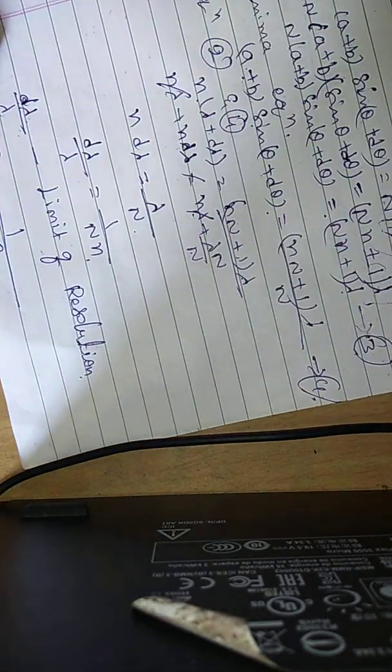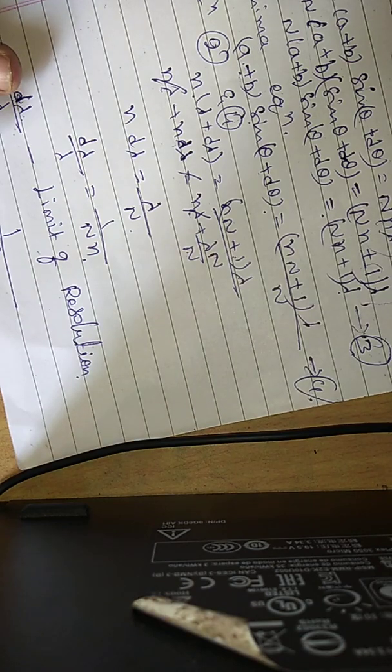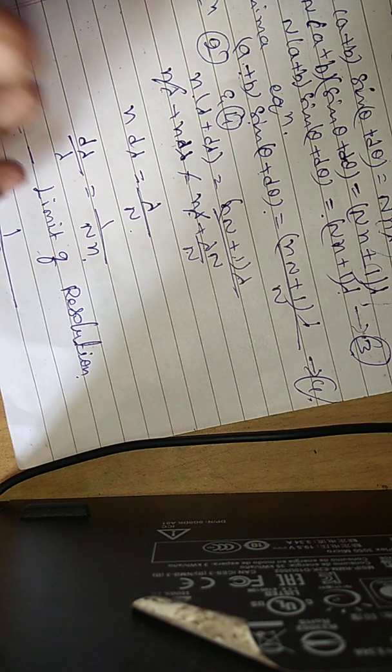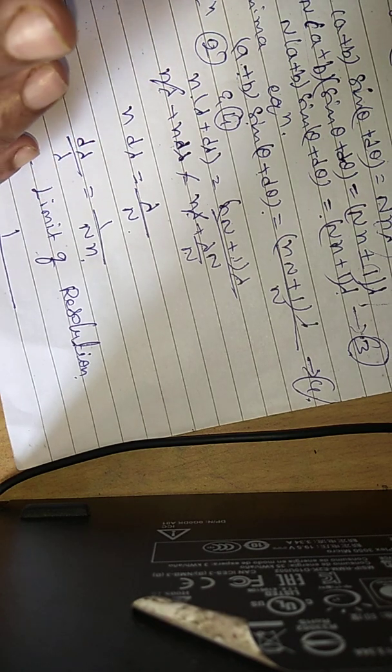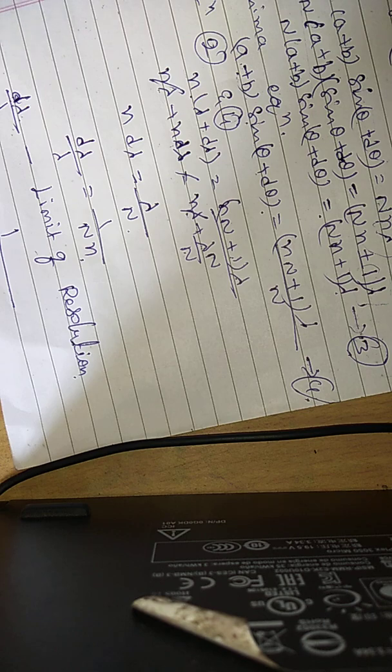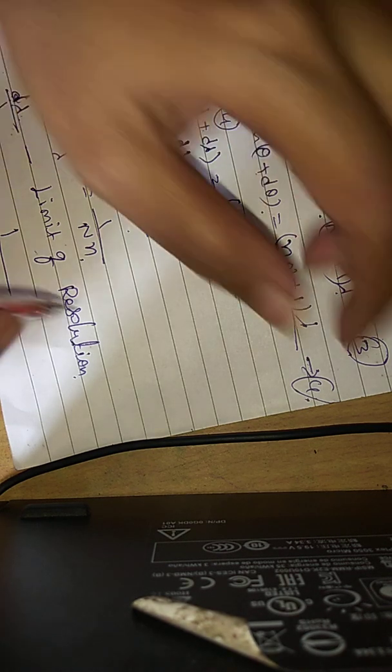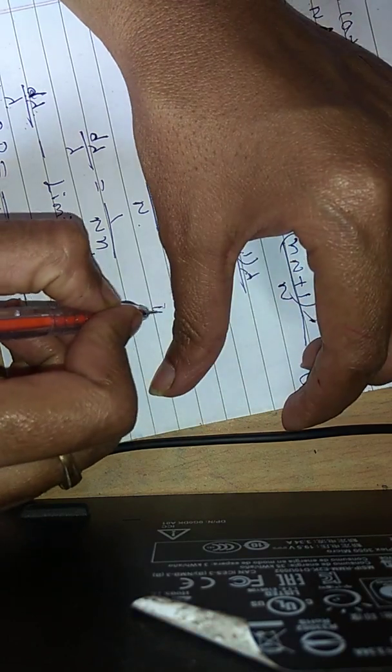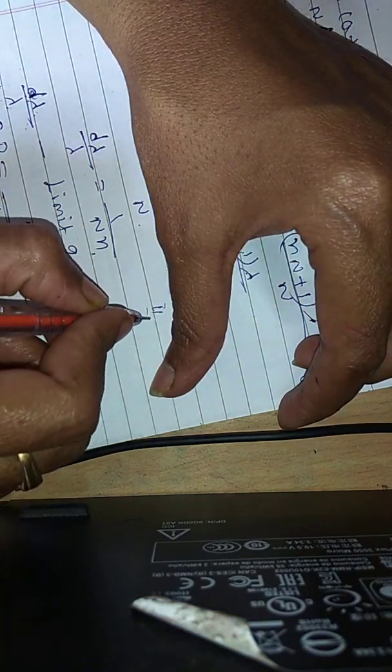Limit of resolution is the ability to separate two lines, that is, the minimum distance required to separate two points or two lines so that they are just resolved.